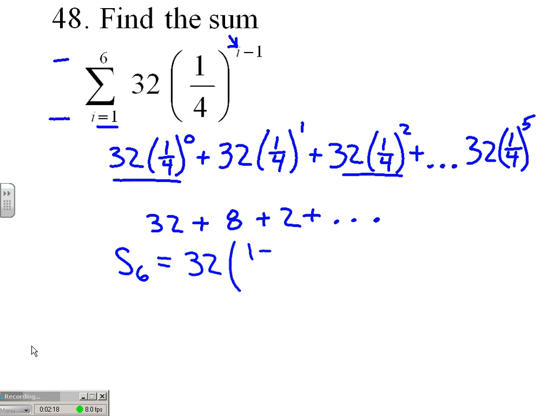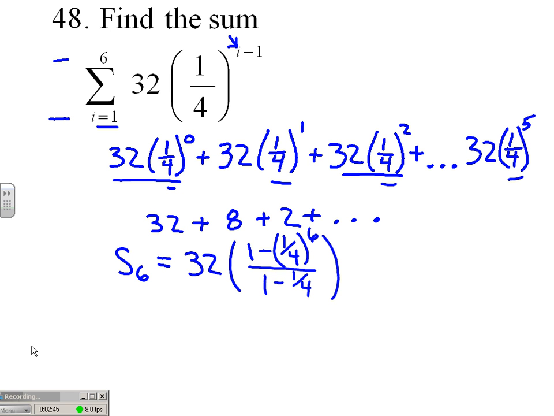Well, our ratio is pretty clear. Each step we multiply by another 1/4. So our ratio is 1/4, and we raise that ratio to the 6th power. And that is all over just 1 minus the ratio, 1/4.